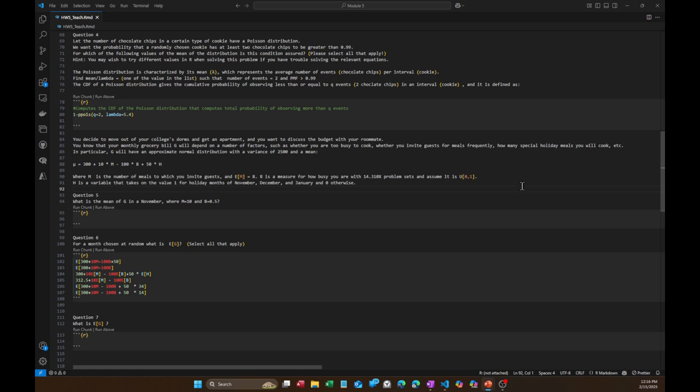In particular, G will have an approximate normal distribution with a variance of 2500 and a mean mu, which is equal to 300 plus 10 times m minus 100 times b plus 50 times h, where m is the number of meals to which you invite guests and its expectation is 8.